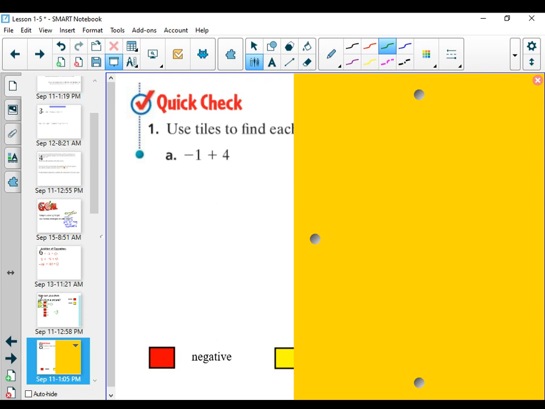Here's our next one. Pause if you need a moment. What is that going to look like in a picture?